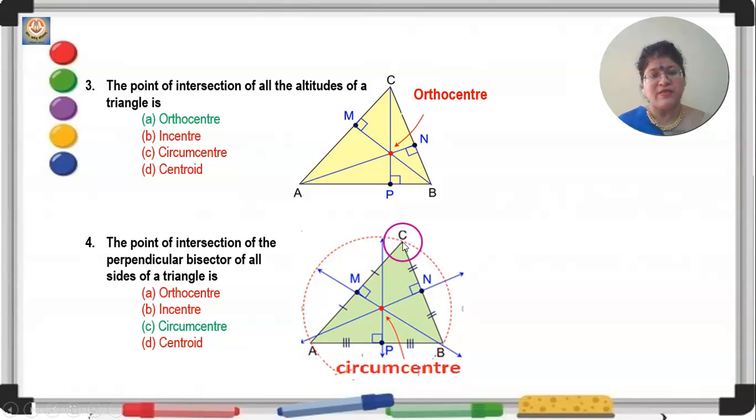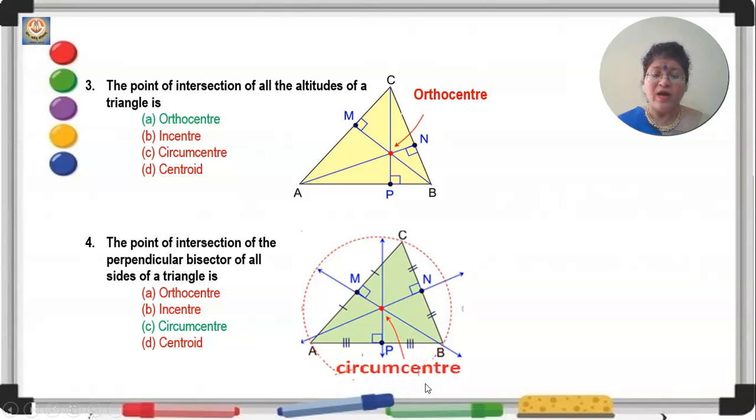Similarly, third side is AC. On this side AC, look at this line. This line is cutting AC into 2 equal parts, MC and MA, right? And this is 90 degrees. So it is the perpendicular bisector. So in this triangle ACB, we have 3 perpendicular bisectors, and those 3 perpendicular bisectors meet at this point, which is called the circumcenter.